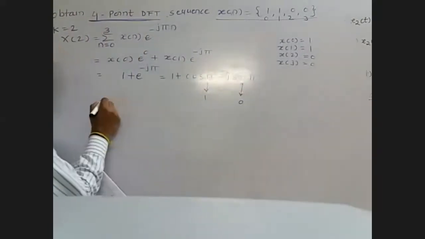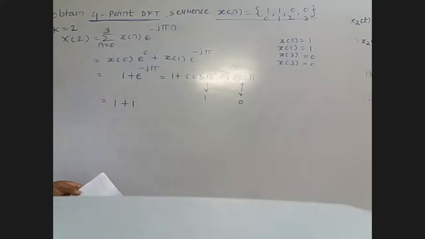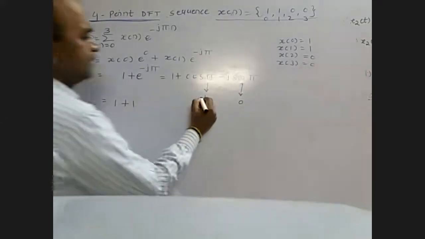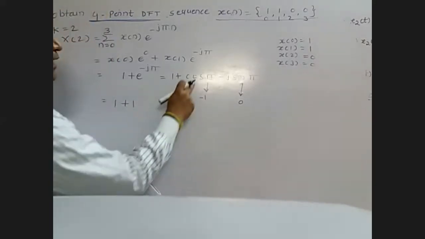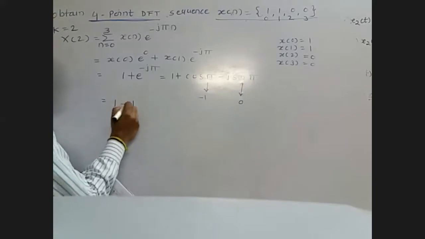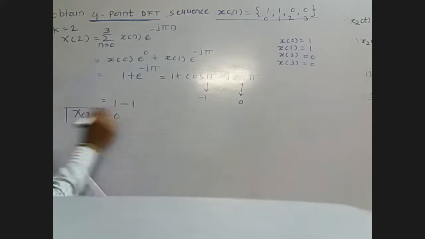So this minus term will be here, and you will get x of 2 as nothing but 0.